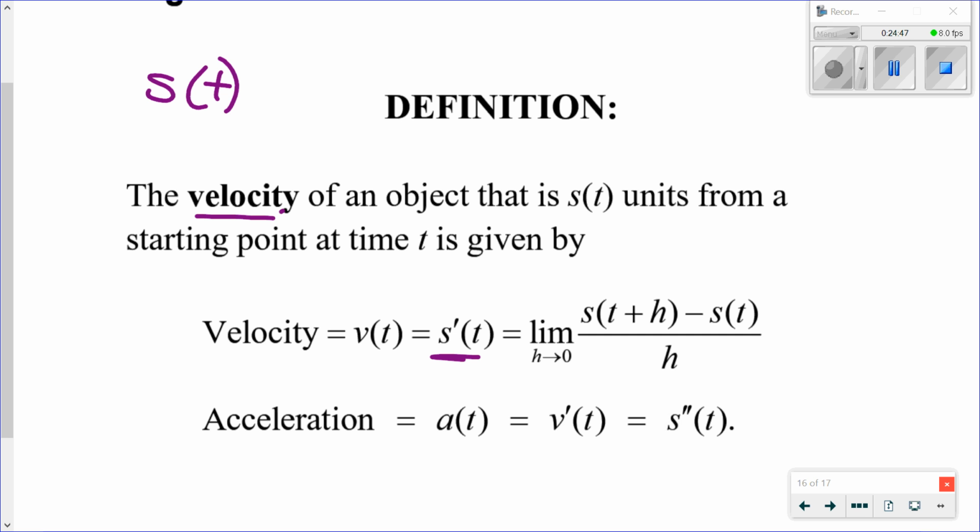Okay, so that's our velocity. And yes, it would be the limit of s of t plus a, the whole simplified difference quotient. But we don't have to worry about that because we have some easier patterns that we can use instead of always having to do the difference quotient. All right.